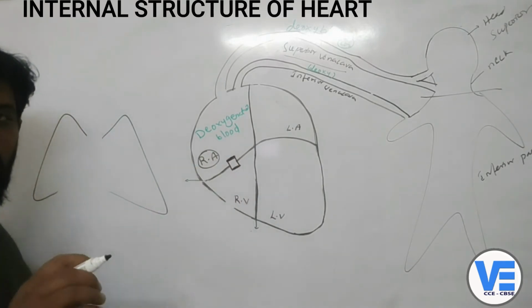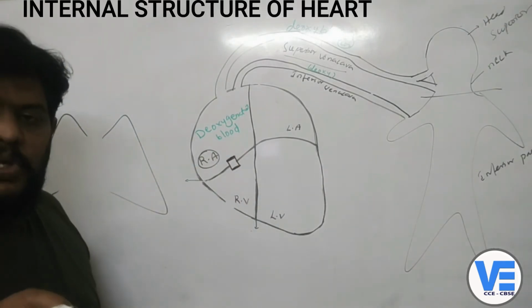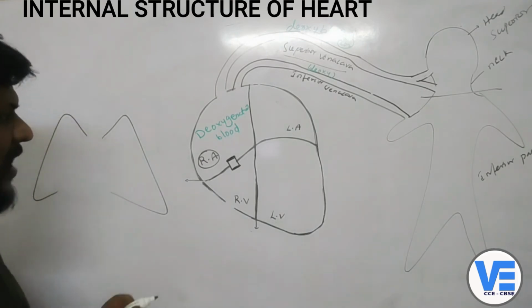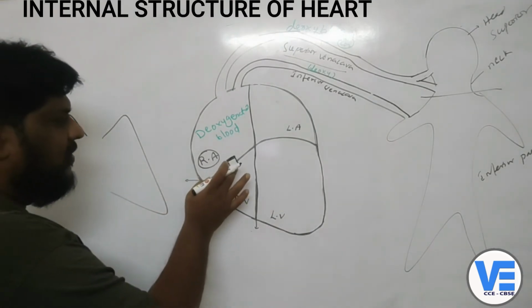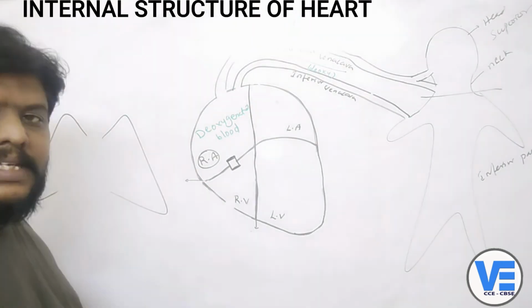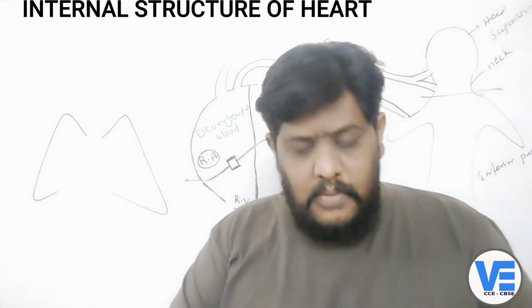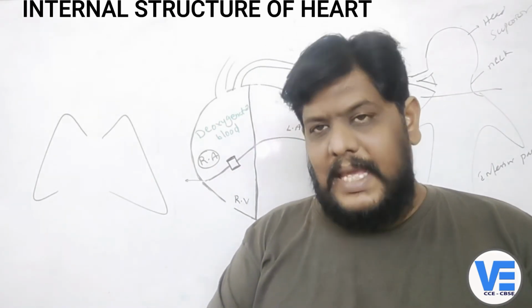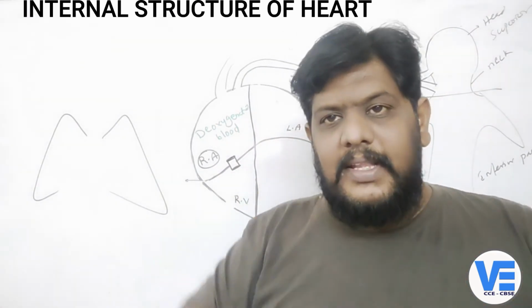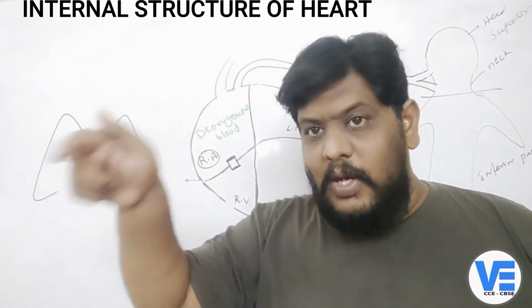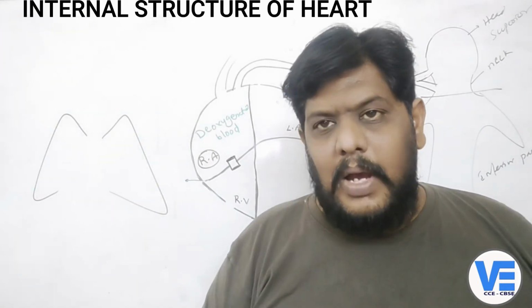Valve, in the sense of what we have seen with the epiglottis, right? The same kind of valve is present here, and it works exactly as the valve of a cycle works. When there is no air in the cycle, you try to fill air in it, isn't it? The air goes inside, but does it come out?